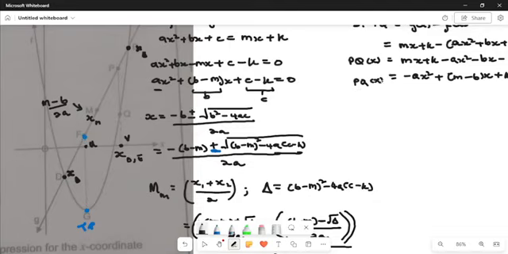So this presentation of PQ is not only exclusive to those 2 points, it's still applicable for FG, because if ever we try and find what FG is, we'll do the same thing and say mx plus k minus this parabola, of which will end up with the same function.